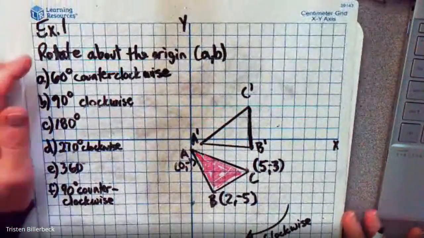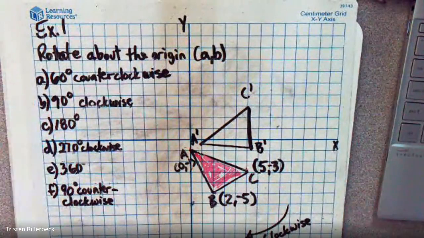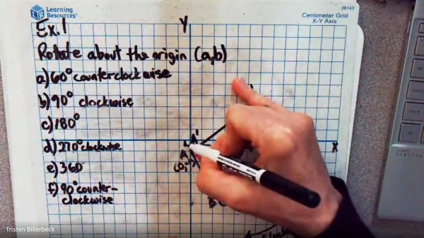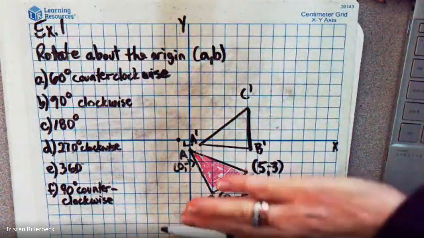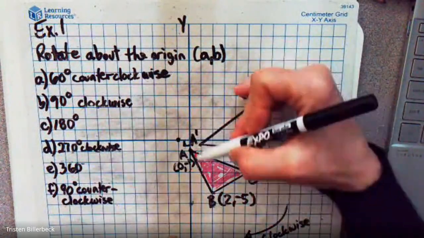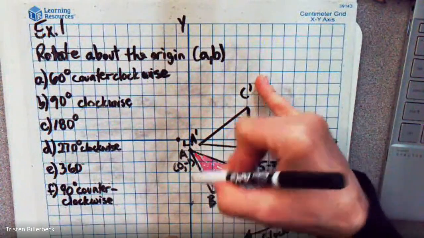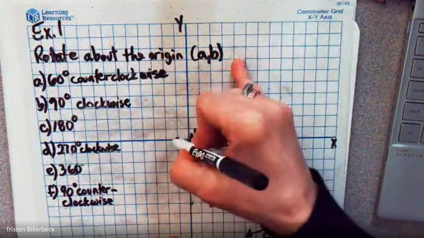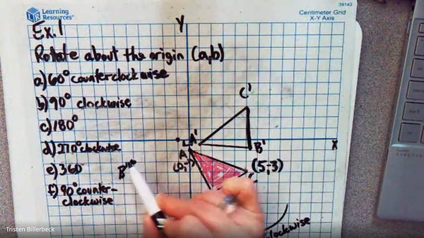If it's rotated about the origin and it's a 90-degree clockwise, then we can do a few other things. We can use this as my radius right here, because this is a 90-degree angle. If I have a point here, then my new point's right there, because I'm just going to rotate this around. If this point here is 1, 2, 3, 4, 5, 1, 2, then I can count 1, 2, 3, 4, 5, 1, 2, and have my B double prime right here.